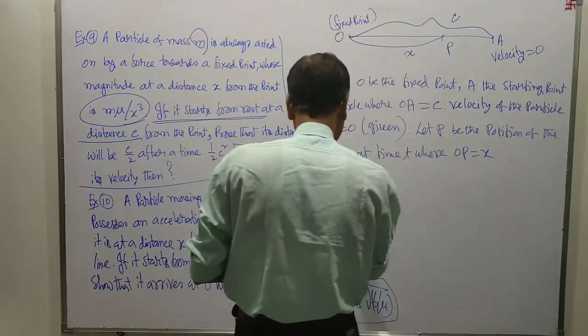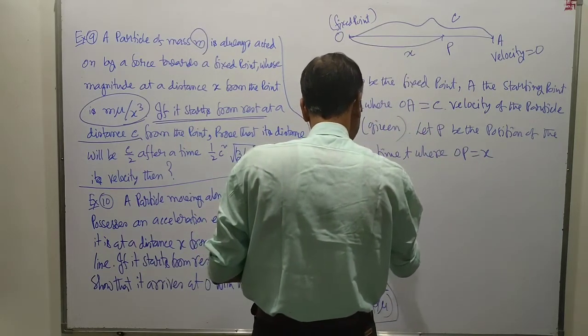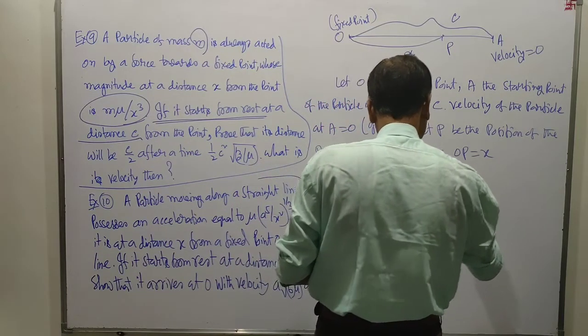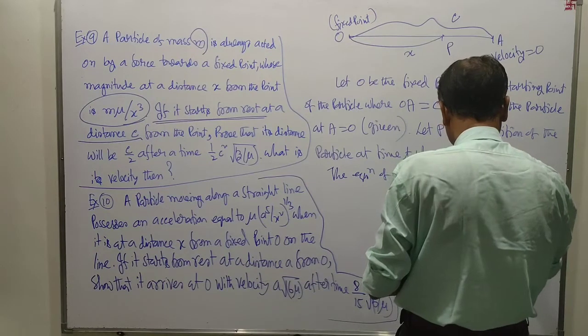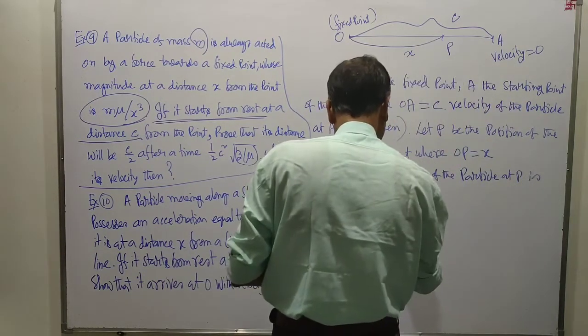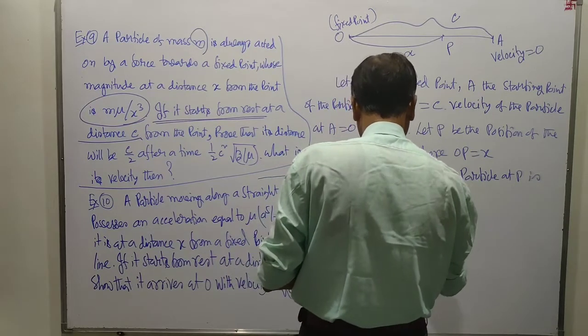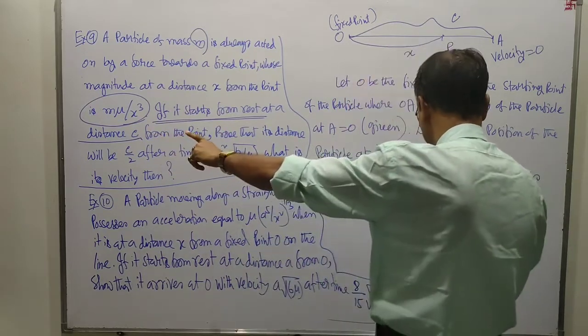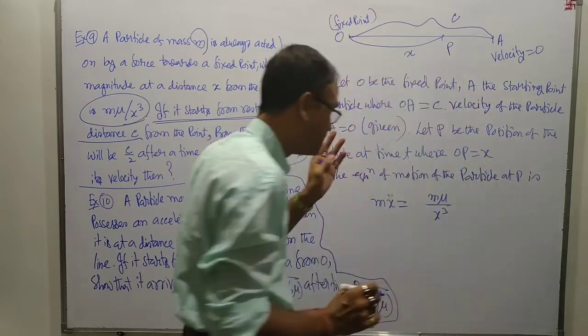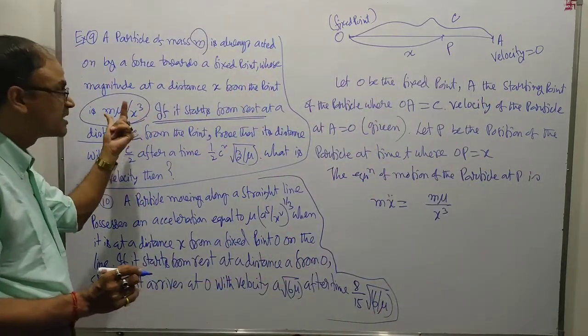The equation of motion of the particle at P is m x double dot, this is equal to m mu divided by x cube, but it is attracted towards the point O.